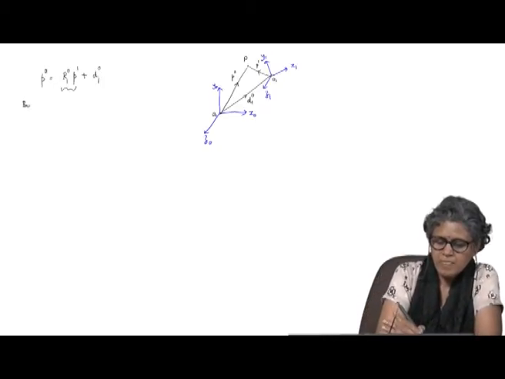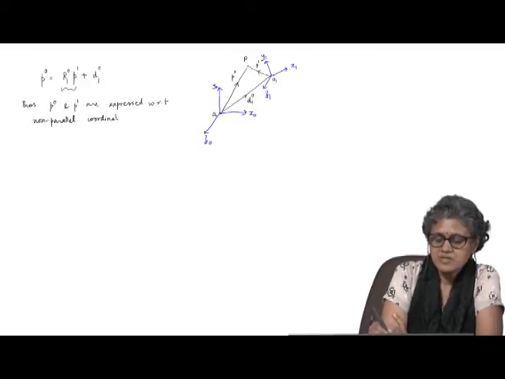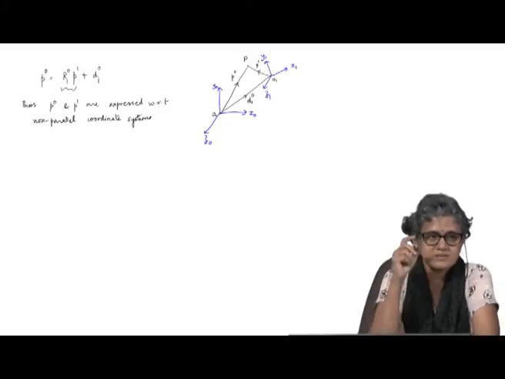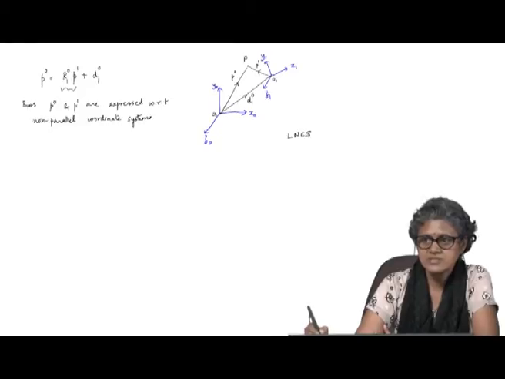Because P0 and P1 are expressed with respect to non-parallel coordinate frames. Do you remember when we did the force analysis, one of the things that I insisted on or I mentioned repeatedly is the local non-rotating coordinate system.